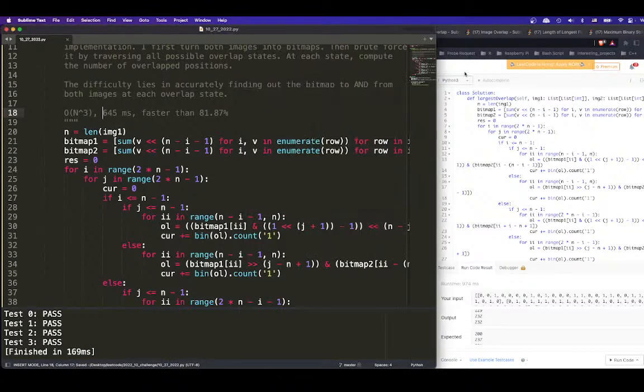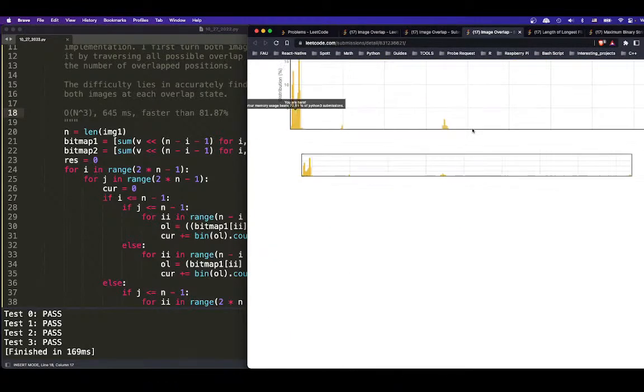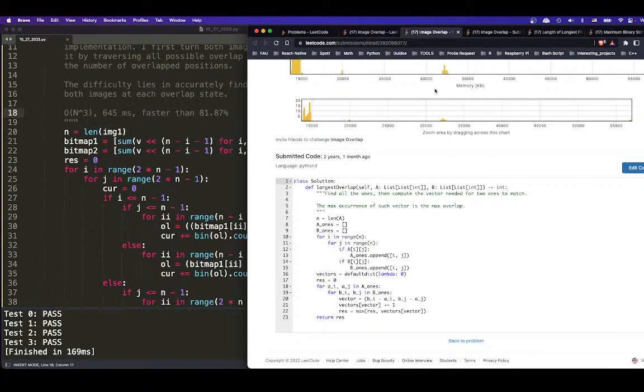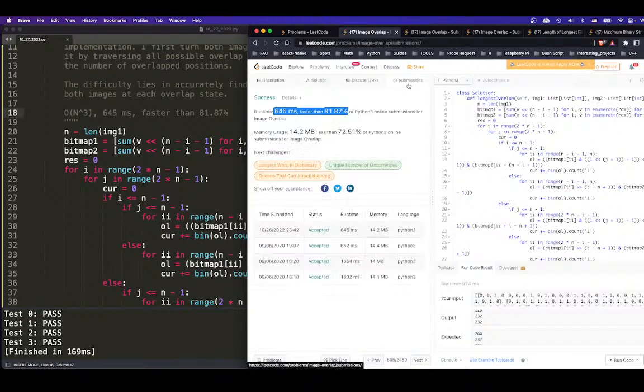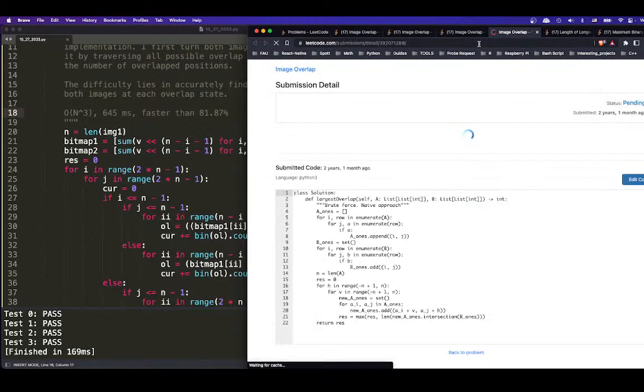Okay. Let's see, what was the solution? 59 test cases. Right. This is last time, 49 test cases. Oh, you gotta be kidding me. What was this solution? Just curious. So much easy, so easy.